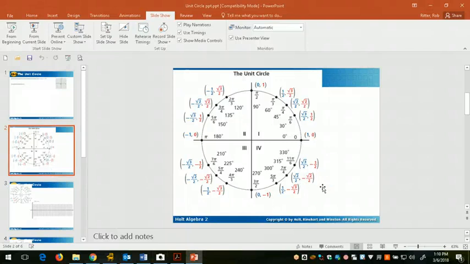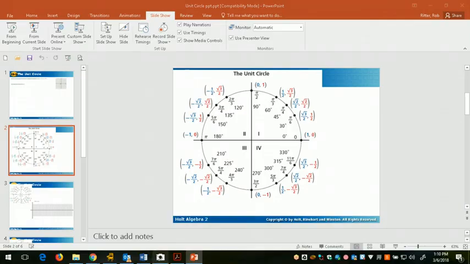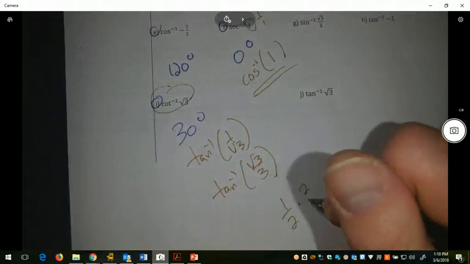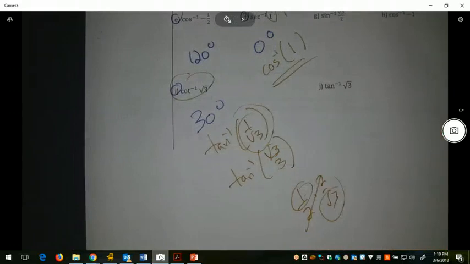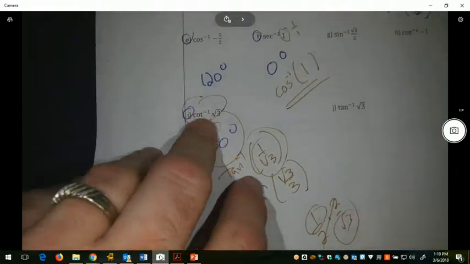It is right here: 1/2 divided by square root of 3 over 2 at 30 degrees, because 1/2 divided by square root of 3 over 2 would be times 2 over square root of 3, which gives us again the 1 over square root of 3, which we could rationalize. So that's the 30-degree angle right there.